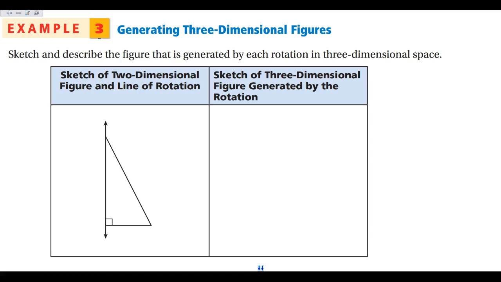Each piece of this rotates around in a circle, going all the way around and back to where it starts. When we continuously rotate that figure, it becomes a cone.